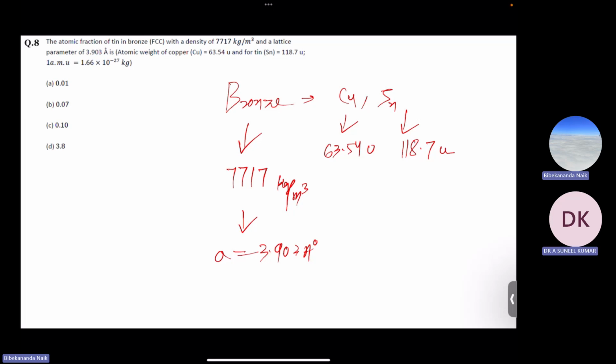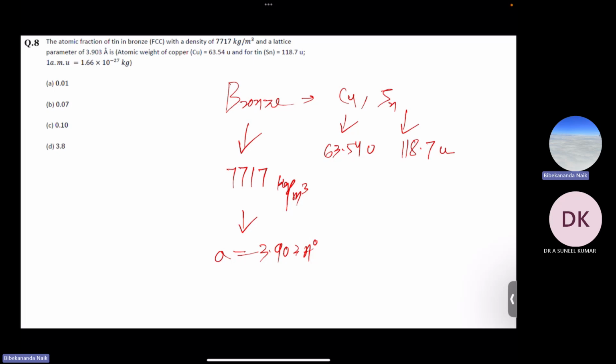Yes, sir. Here, in order to find the atomic packing fraction, we need to find out how many atoms of copper are present and how many atoms of tin are present. That is their contributions.